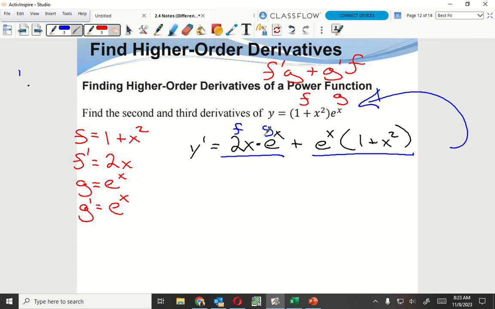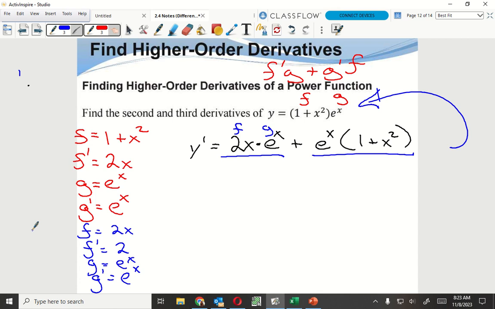So in blue, I'm going to say f is 2x, f prime is 2, g is e to the x, g prime is e to the x. Right? Okay. So all this right here in blue is going to have to do with this piece right here.